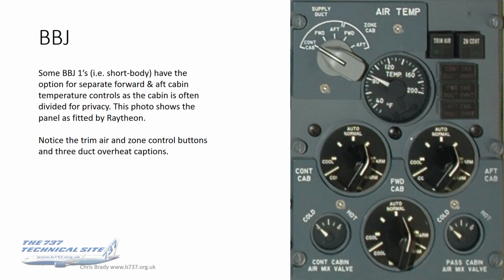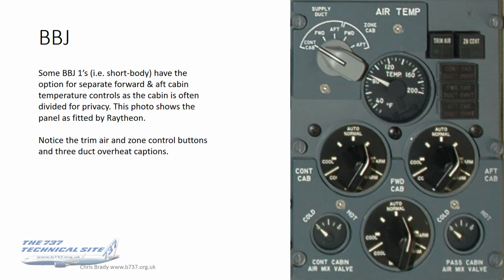With the BBJs, and this is in particular the BBJ1s, so the short body BBJs, these have effectively a hybrid system between the short and long body, and the reason for this is because the cabin is often divided in these aircraft for privacy.